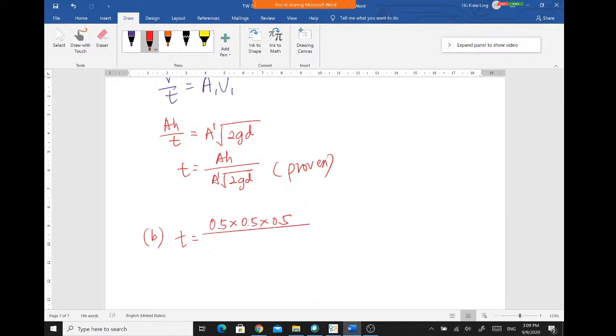A prime is 2 centimeter squared, so convert to SI units: times 10 to the power of -4. Then 2g is 9.8, and D is 10 meter. So you need 44.6 seconds to empty the tank.